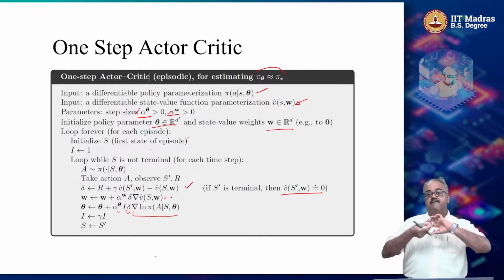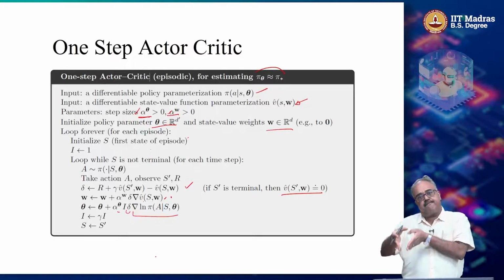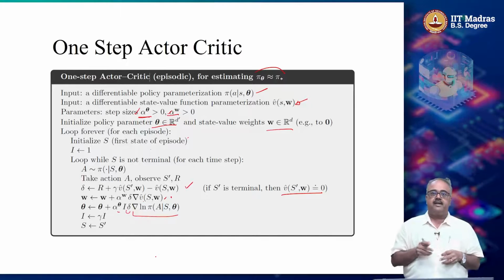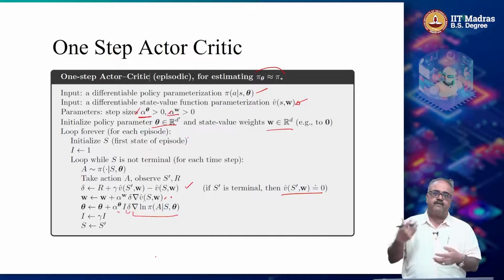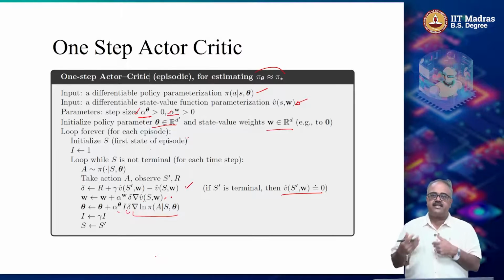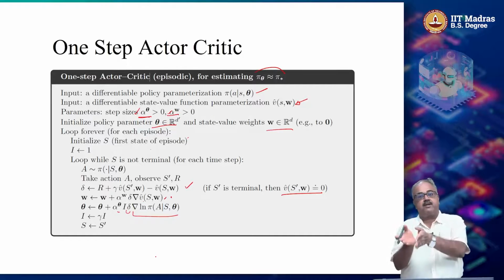That means we have to make more updates to the critic for a fixed theta, so that the critic can move towards V of pi theta. If we change theta, if we change the policy pi more frequently than we change V, then V will not be able to converge to V pi.